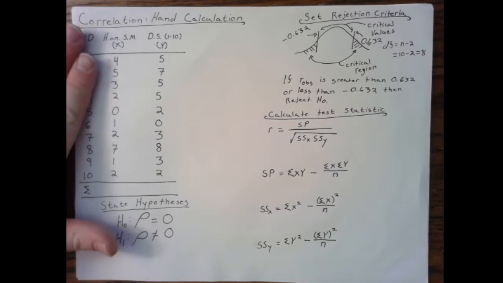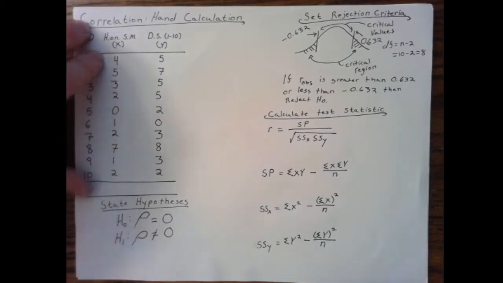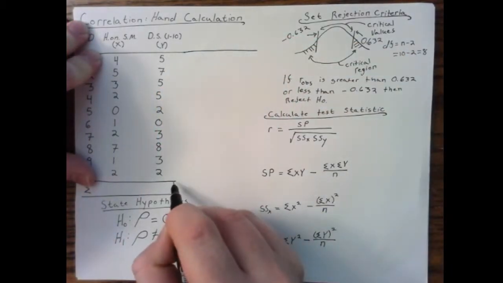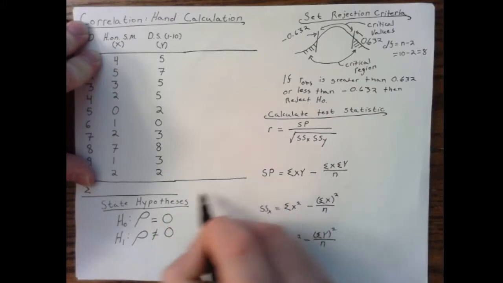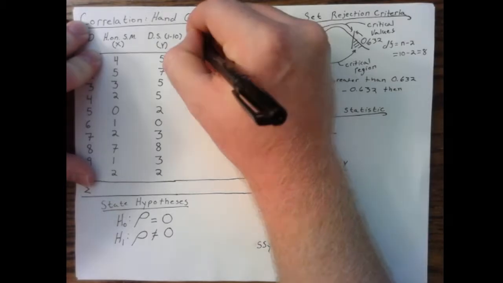Now, the next thing you should do to help yourself is give yourself a couple more columns in this table, where you can create all of those products and all of those squared scores. So if we just extend these lines a little bit, then we can do this.